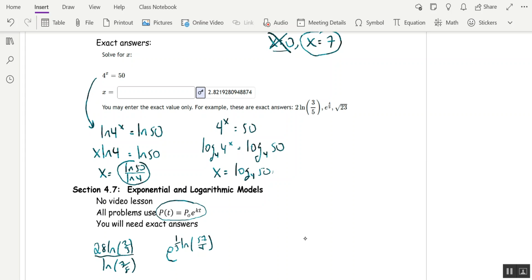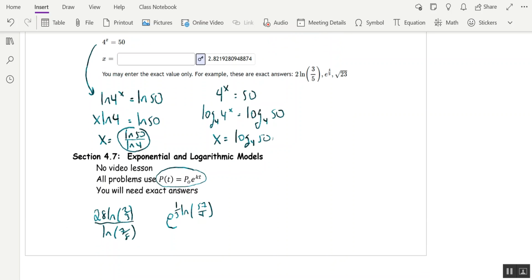That would be a valid answer. So just find your answer in exact form and enter that. Again, if you click on the answer key, you'll see a decimal approximation of what the answer should be. So you can check your answer that way. Like if you're wondering if you got it right, well, the computer will tell you, but you can also put this in a calculator and see if it agrees with the decimal approximation you're getting from the computer program.